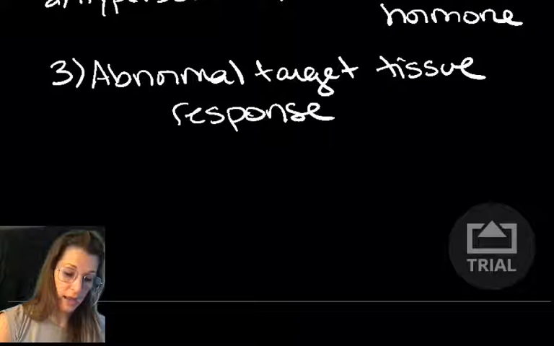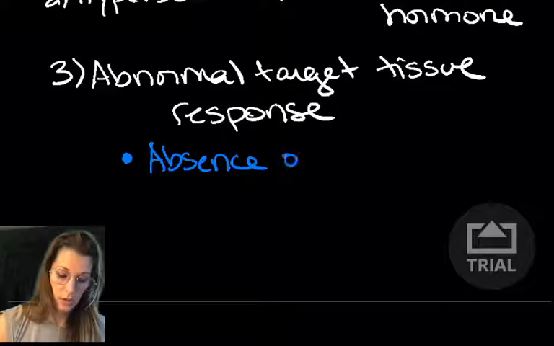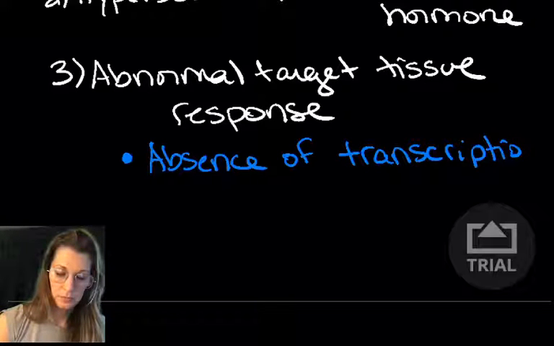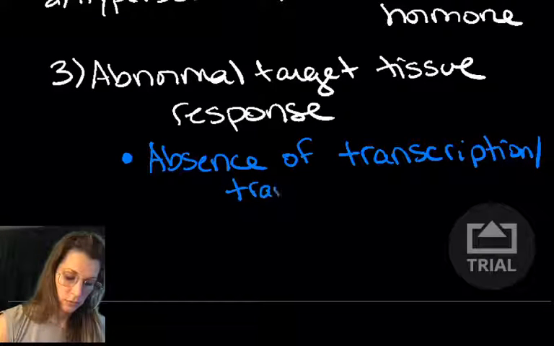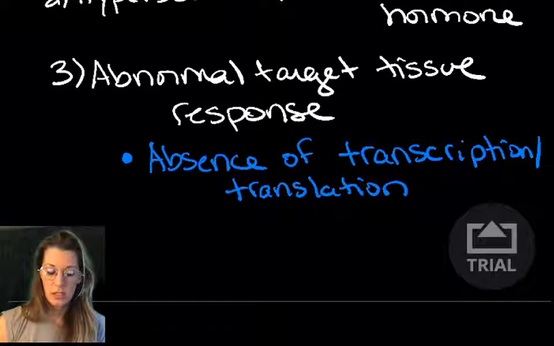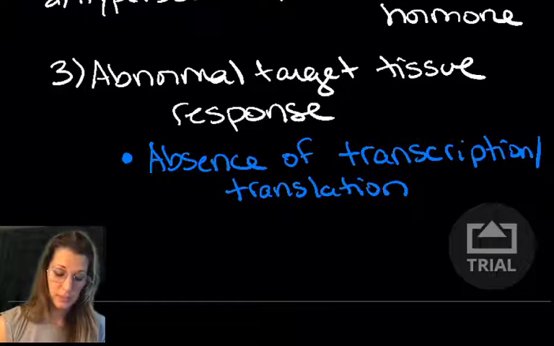We can have the absence of transcription, translation, and stop and think for a second, which hormones produce transcription translation. So there's one big broad category, and then there's kind of half a category that does this.